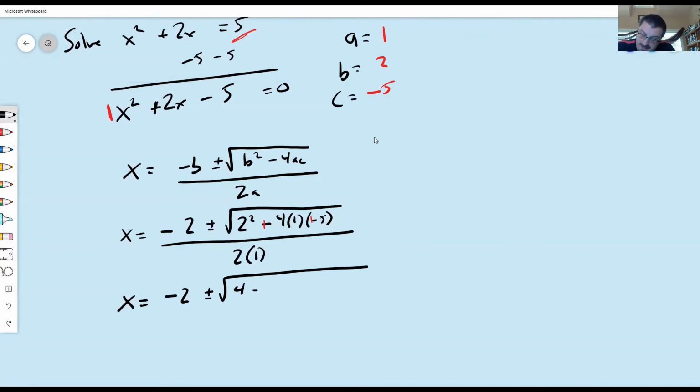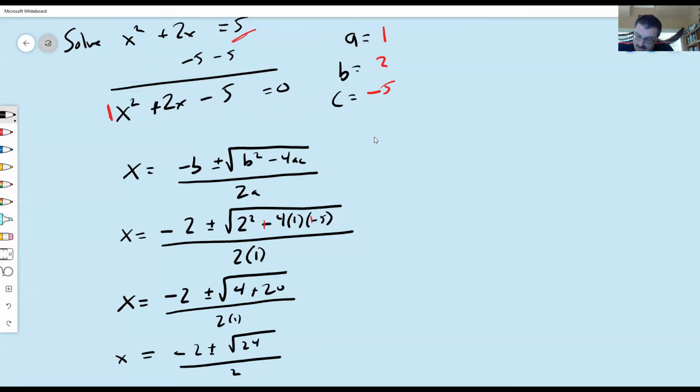So 4 times 5 is 20, all over 2 times 1. Or x equals minus 2 plus or minus the square root of 24, all over 2.